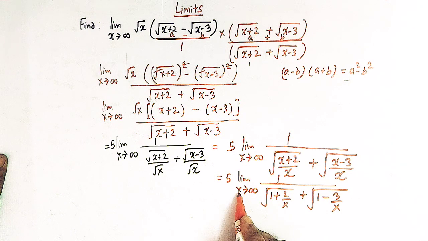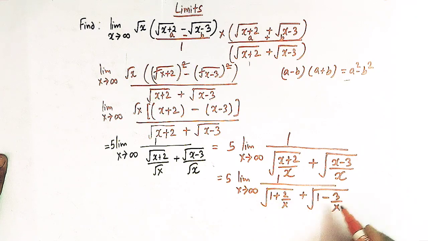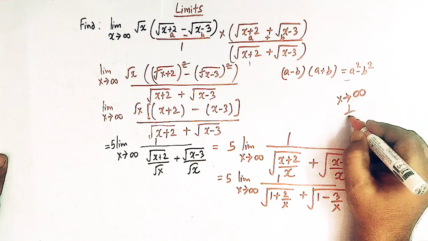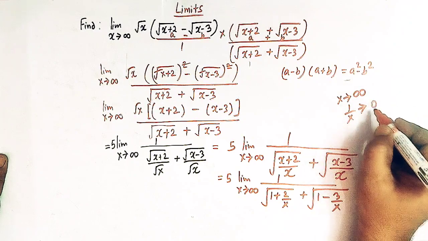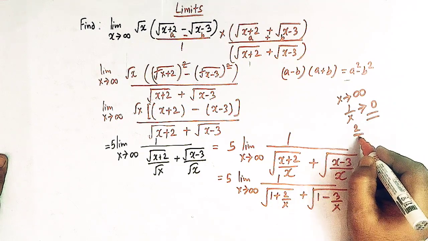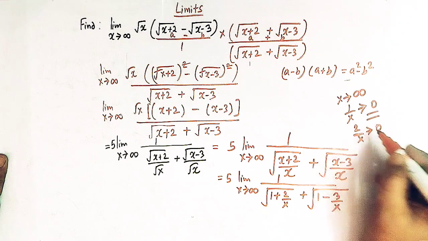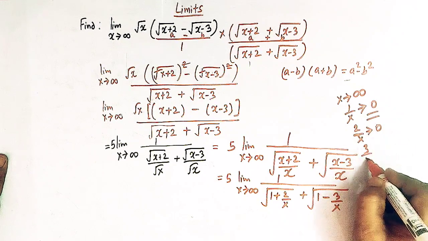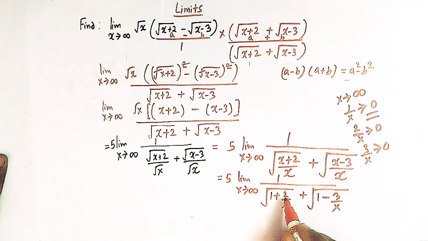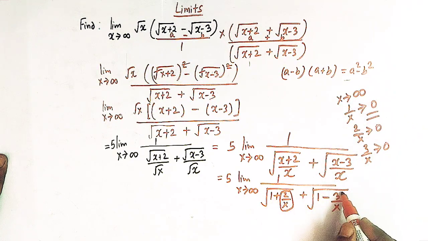Now x tends to infinity, and we have 2 over x and 3 over x. When x tends to infinity, 1 over x tends to 0, so 2 over x tends to 0, and 3 over x also tends to 0. So both these terms are equal to 0.